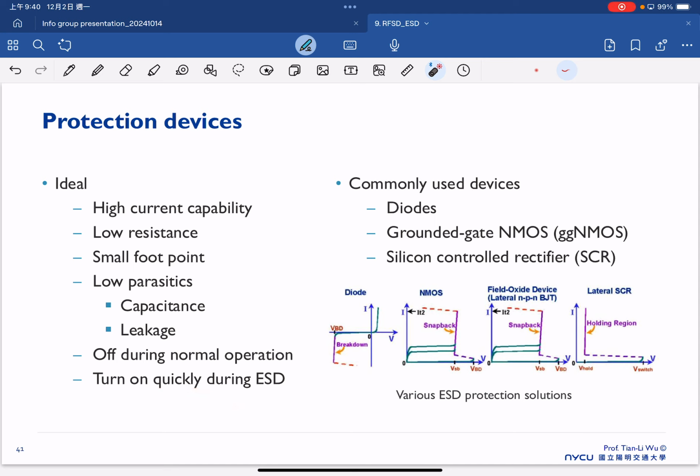Several commonly used devices are, first, the diode, because the diode has a characteristic with high current here and high current here. That exactly fits what we wish to have for high current capability.